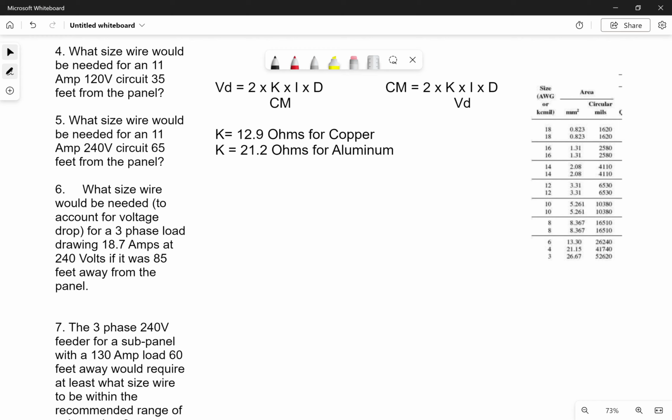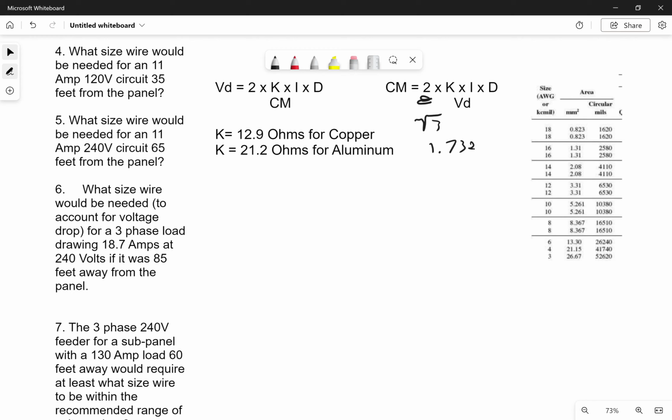We're using the same formula, but in our formula where our 2 is, we're going to change that 2 to the square root of 3. You can either put the square root of 3 into your calculator, or you can use 1.732. So we're going to substitute that in for the 2.